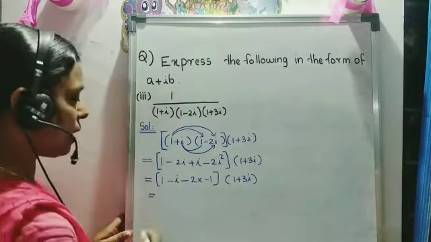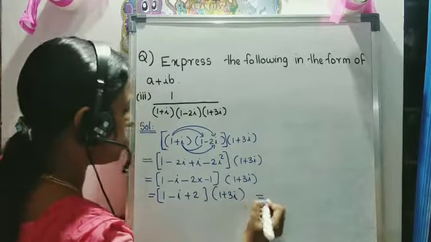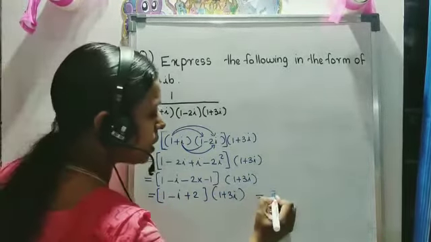That is equal to 1 minus i, negative into negative is positive, plus 2, into (1 + 3i). That is equal to 1 plus 2 is 3, so (3 − i)(1 + 3i).